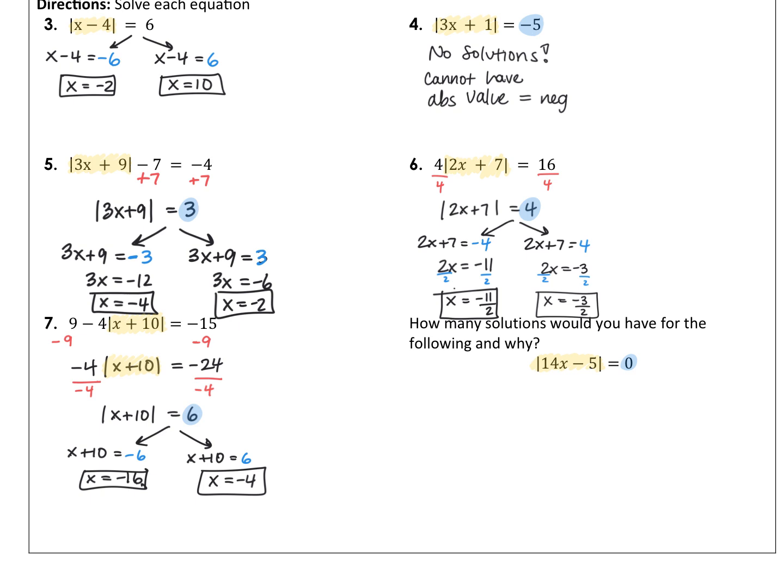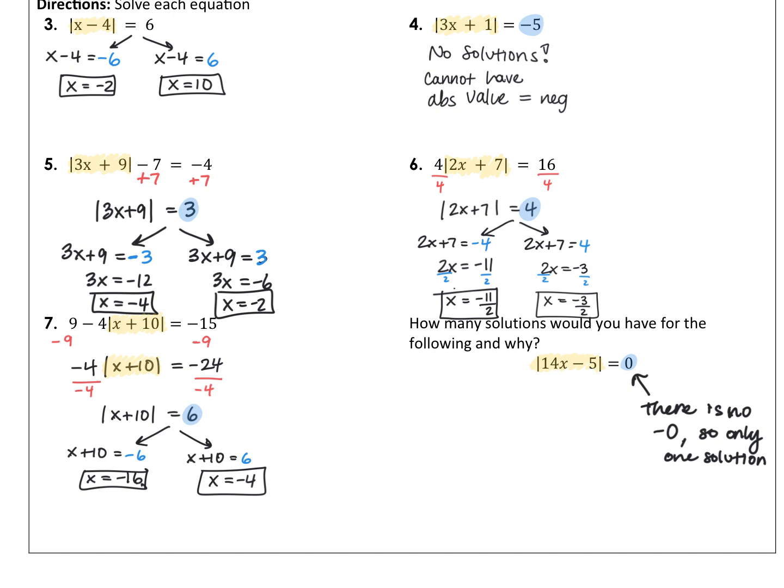Only one, right? 0 itself. So you can't do negative, positive 0. Because it's 0, there is no negative 0. That's not a thing. So there's going to be only one solution. Okay?